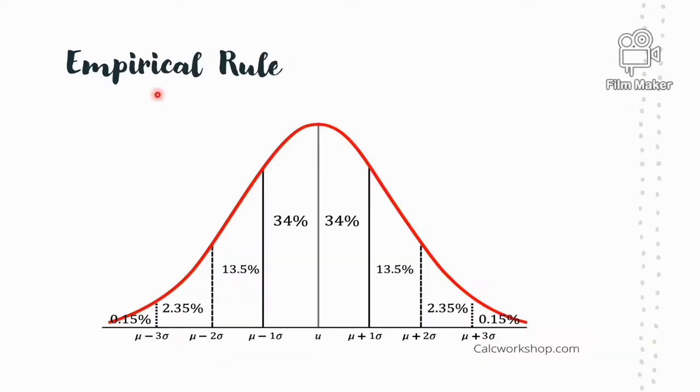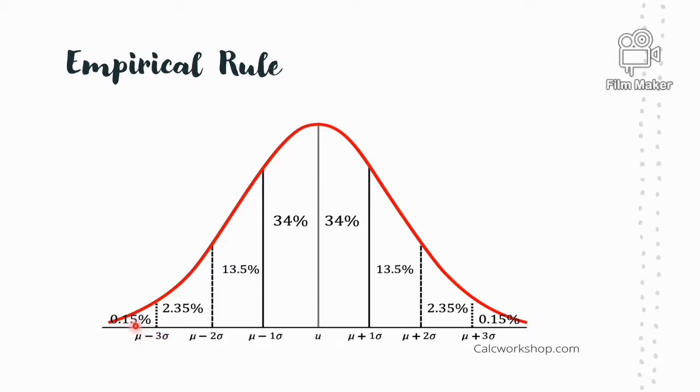So we have the empirical rule. Again, the mean, mean plus 1 standard deviation, mean plus 2 standard deviations, mean plus 3 standard deviations, mean minus 1 standard deviation, mean minus 2 standard deviations, mean minus 3 standard deviations.